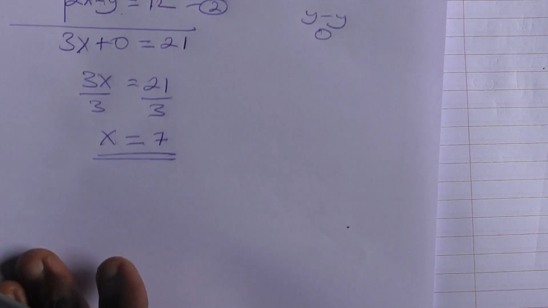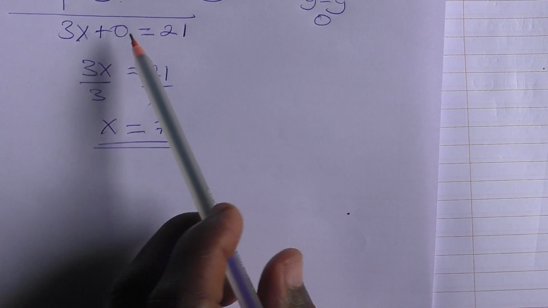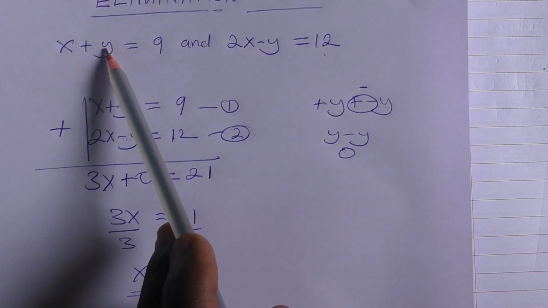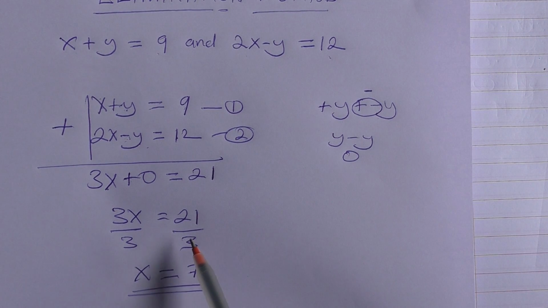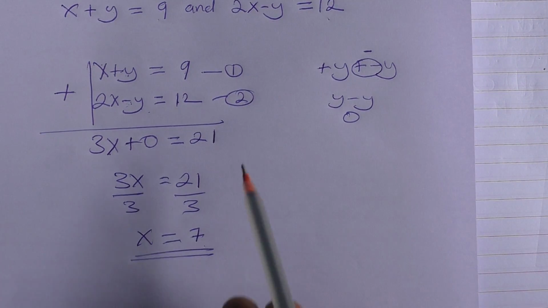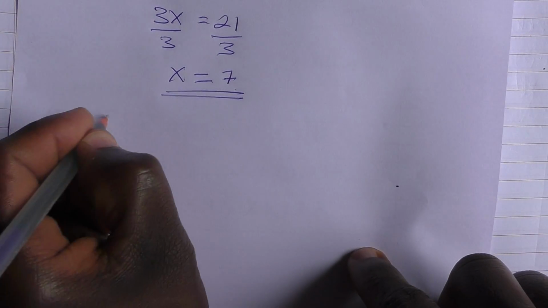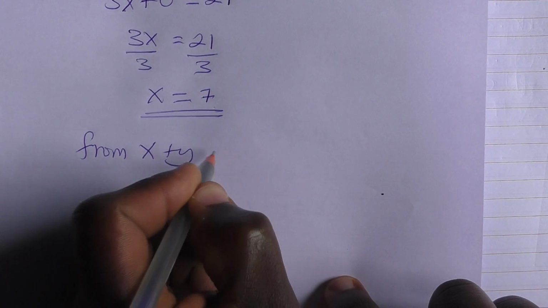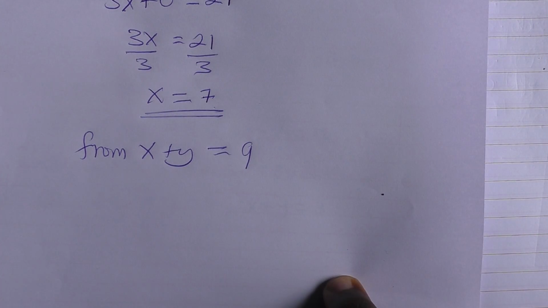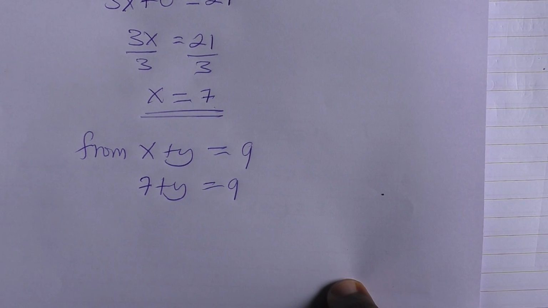So after getting x, then you can choose one of the two equations, either this or that, and substitute for x to get y. For instance, we can choose the first one. We say from x plus y equaling 9, that means that 7 plus y equals 9.